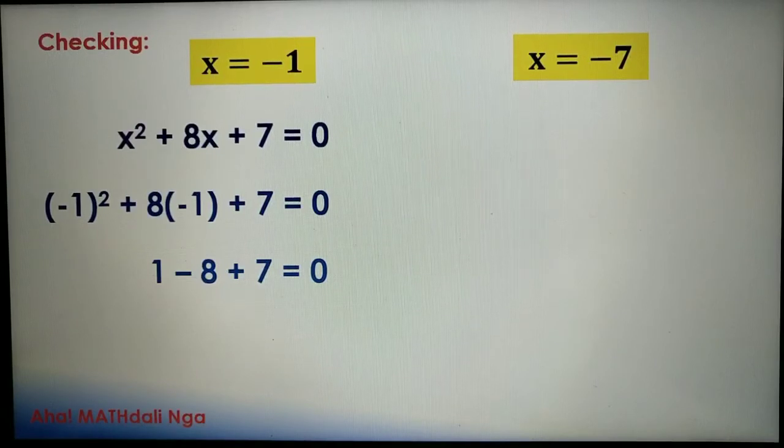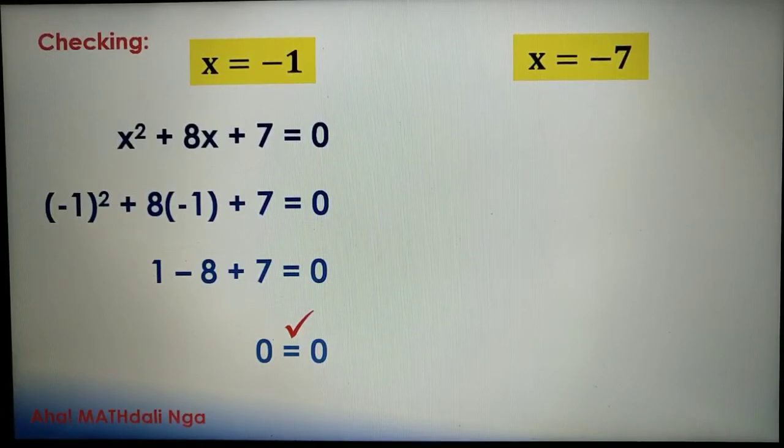Positive 8 times negative 1 is negative 8. Copy plus 7 equals 0. Let's continue. 1 minus 8 is negative 7 plus 7 is equal to 0, and that's true. 0 is equal to 0. So negative 1 is one of the solutions of the given quadratic equation.